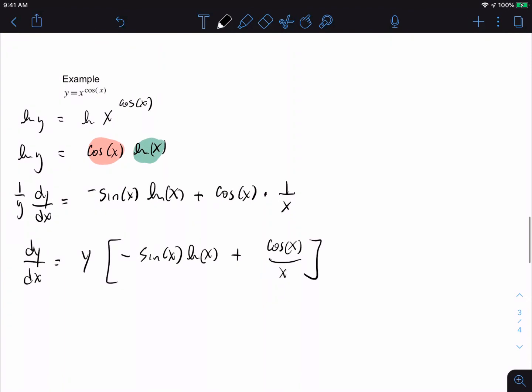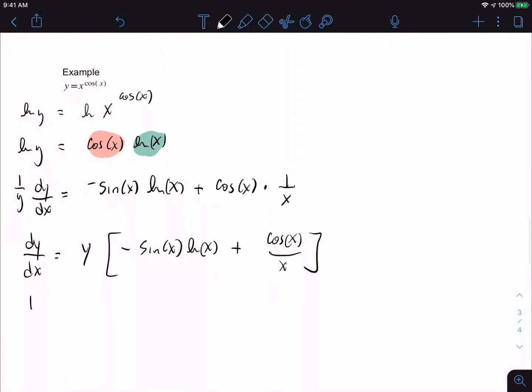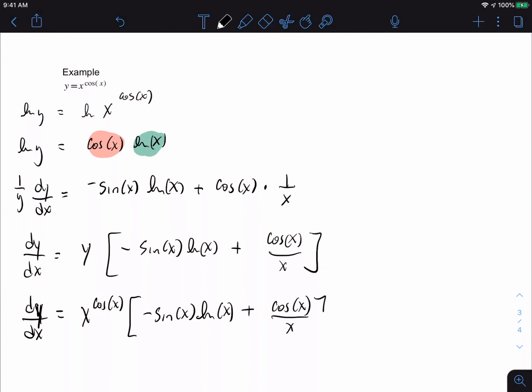And then we know what y is again. So we're going to get dy dx is equal to x to the cosine of x times that, and that's our answer.